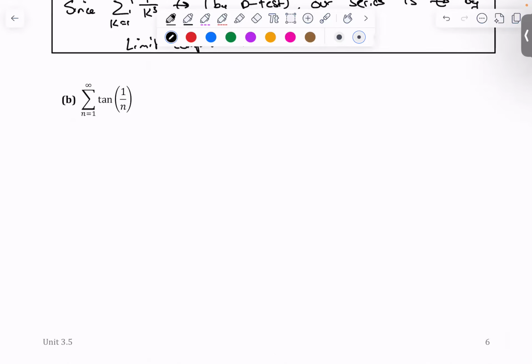Okay. So this one, tangent of 1 over n. Well, it's in the limit comparison section. So what limit do you think we should compare it with? When using the limit comparison test and direct comparison test, your bread and butter are the p-series and the n log p-series. So which one do you want to use?